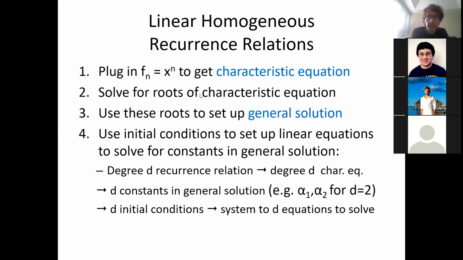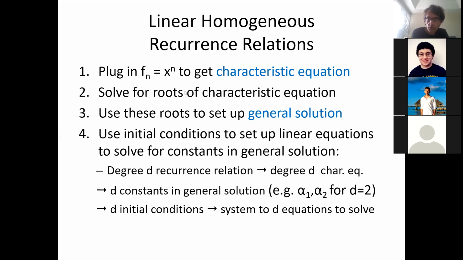So this is the blueprint. You have a recurrence relation that is linear and homogeneous. You plug in fn equal to x to the n to get the characteristic equation. If it's a degree g recurrence relation, the characteristic equation will be degree g.